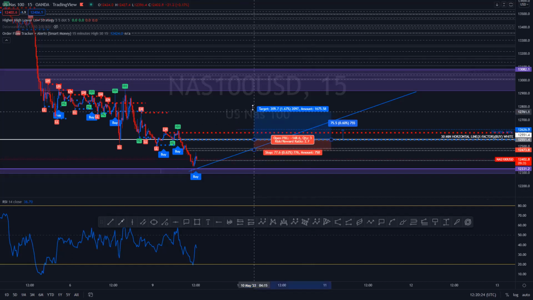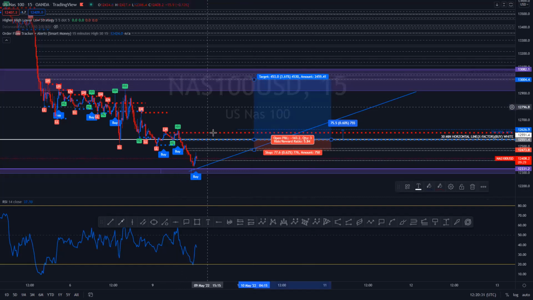And then for TP2, I'm looking for them to at least get up to here, and at least sell this off and then bring price all the way back down here.